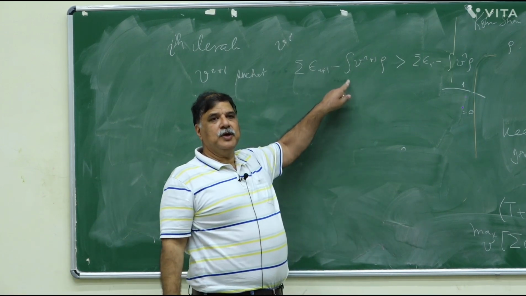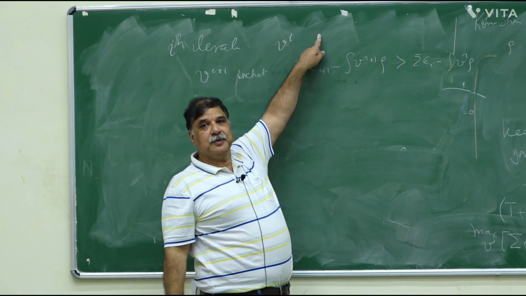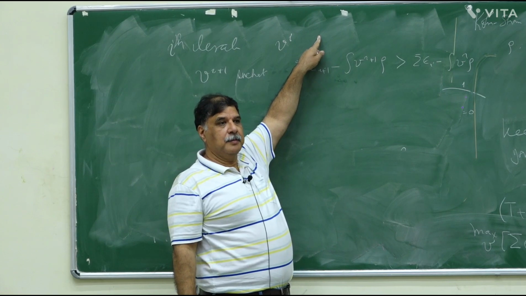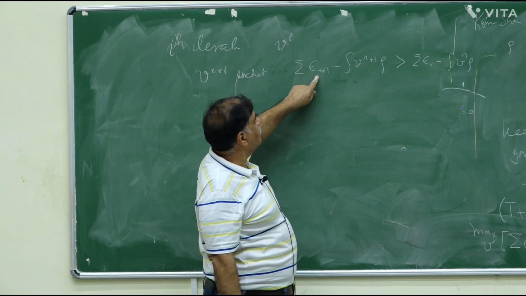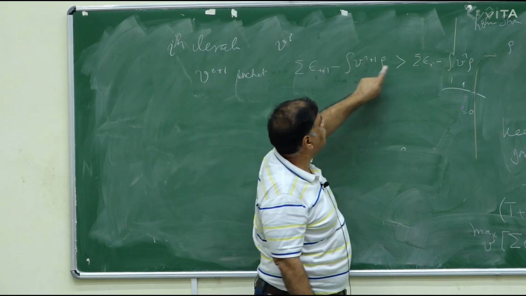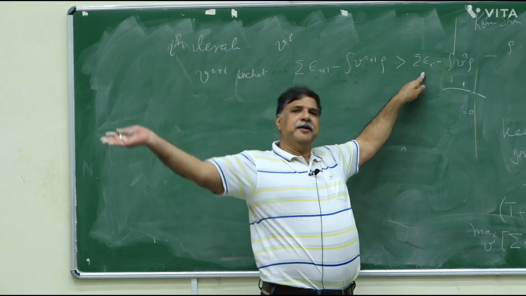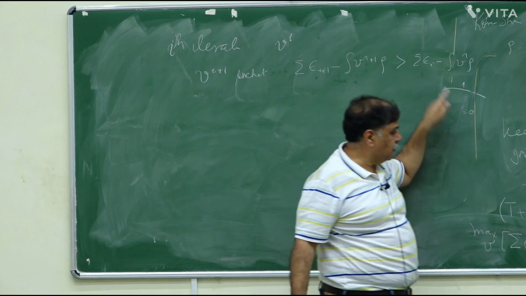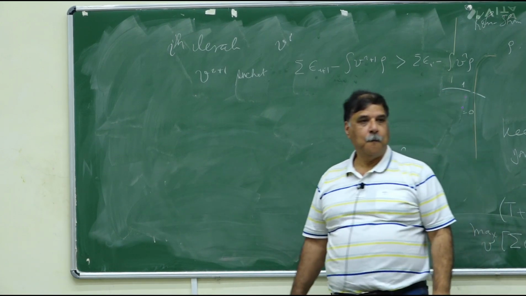If I keep doing this, I'll finally hit the maximum. Is that clear? If I keep updating my V_i to the next iteration and that keeps increasing, I'll finally hit a maximum, and the moment I hit the maximum, I found my V.